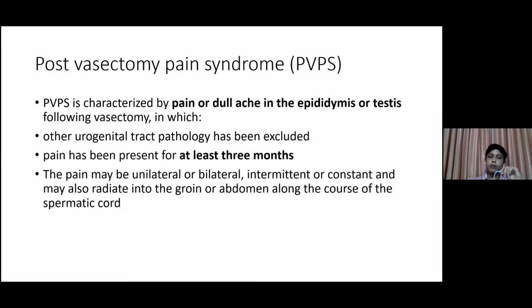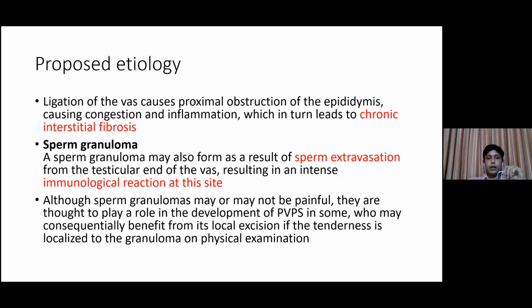So the patient might have a dull pain in the epididymis or testis, where we have excluded other urogenital tract pathology, and the pain should be of more than 3 months duration for us to consider it post vasectomy pain syndrome. The pain might be unilateral or bilateral, and it might radiate. The etiologies: because of the ligation of the vas, there might be proximal epididymal congestion and inflammation.